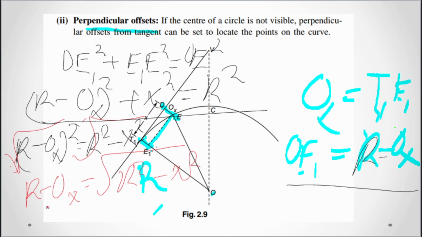Then by shifting this, this is a negative. So this will be negative of the offset x equals minus the square root of R squared minus x squared, then this R we have here is positive. In order for us to eliminate this negative, we'll divide all of this by a negative.